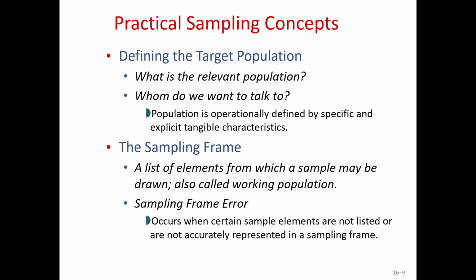The first one, defining the target population. Once the decision to sample has been made, the first question concerns identifying the target population. What is the relevant population? In many cases, this question is easy to answer.